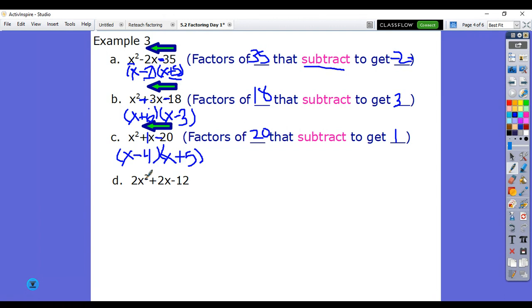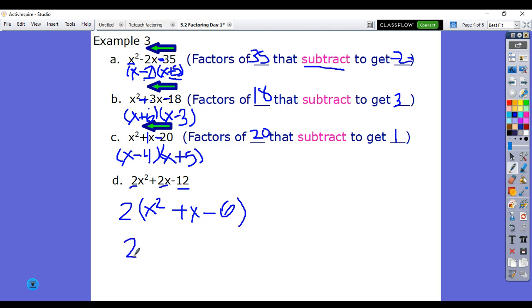All right, last but not least, I notice there's a 2 that can go into all of them. That's your GCF. So first I'm going to divide everything by 2, put the 2 on the outside. That's a 6.